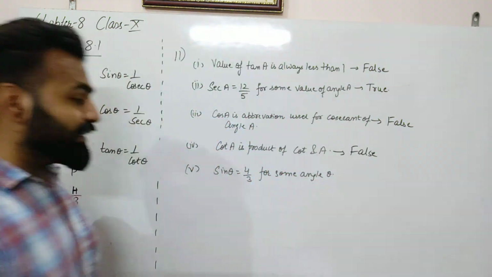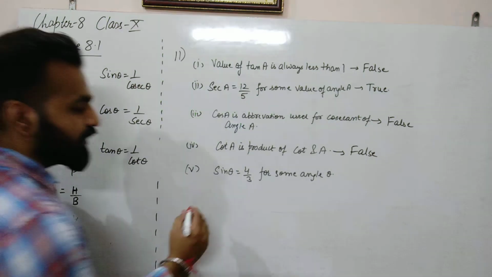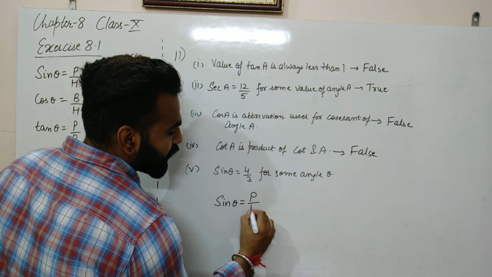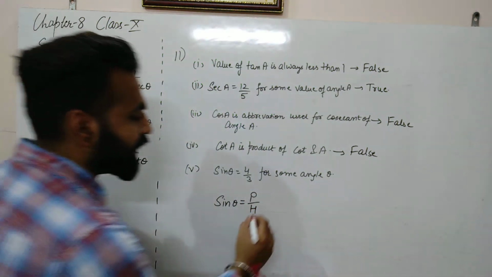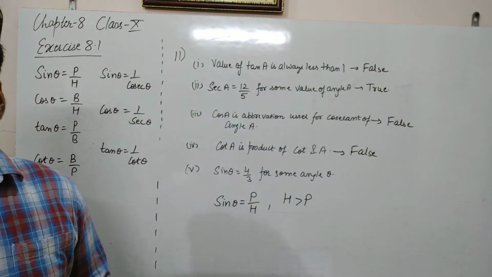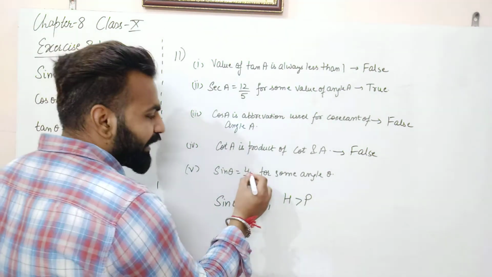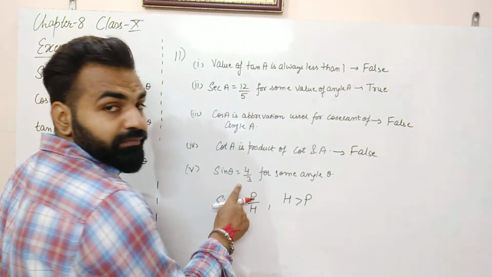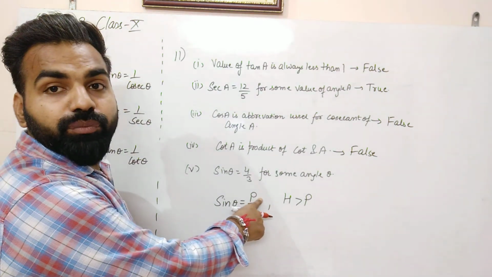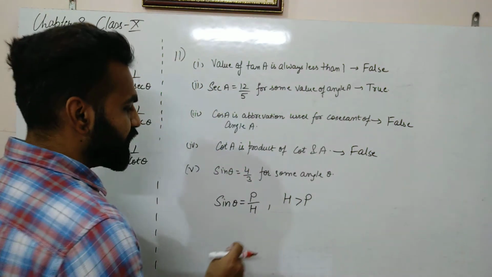And last one, sin theta is 4 by 3 for some angle theta. So we know that sin theta is P upon H, and we know that H is always greater than P, because hypotenuse is the longest side. So here this value 4 by 3 is greater than 1. But we know that the denominator is always greater than the numerator, and in this scenario the answer is always less than 1.